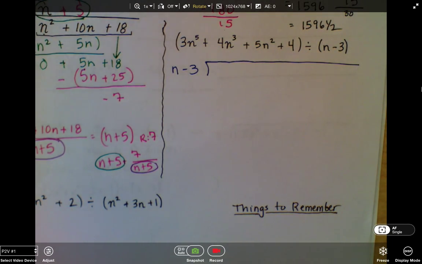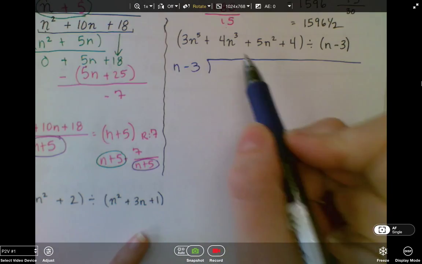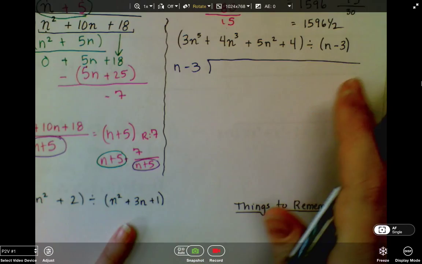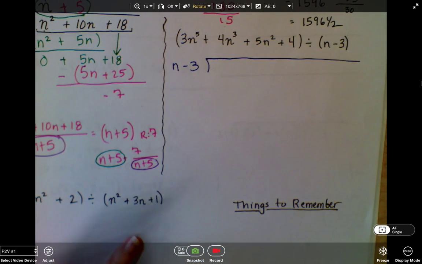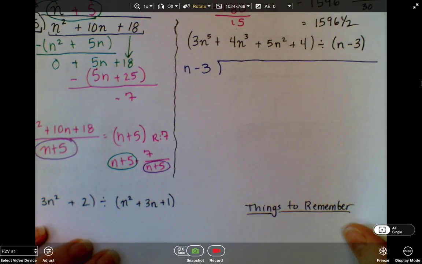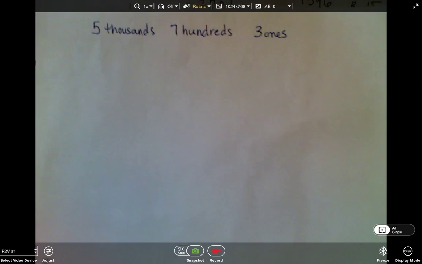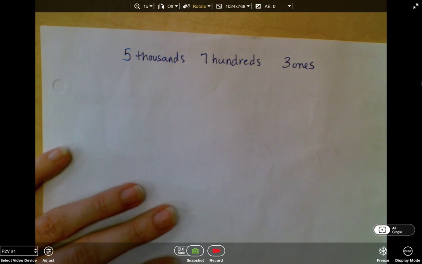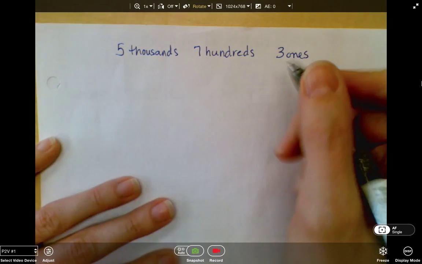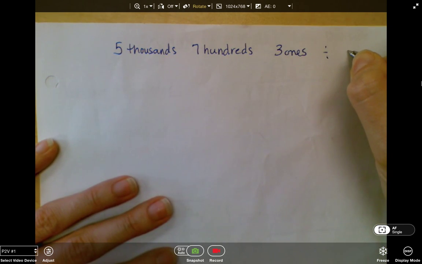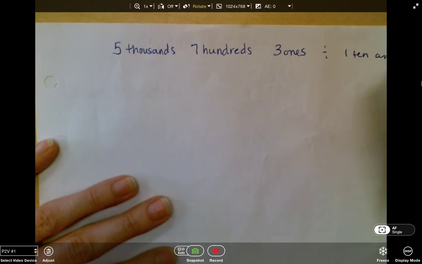So I asked you guys to initially think about how you would set this type of polynomial division question up, but before you think about this one, I want to take a little brief detour and go back, and we're going to think about what it would look like to take 5,000s, 700s, and 3 ones and divide it by 110 and 7 ones.